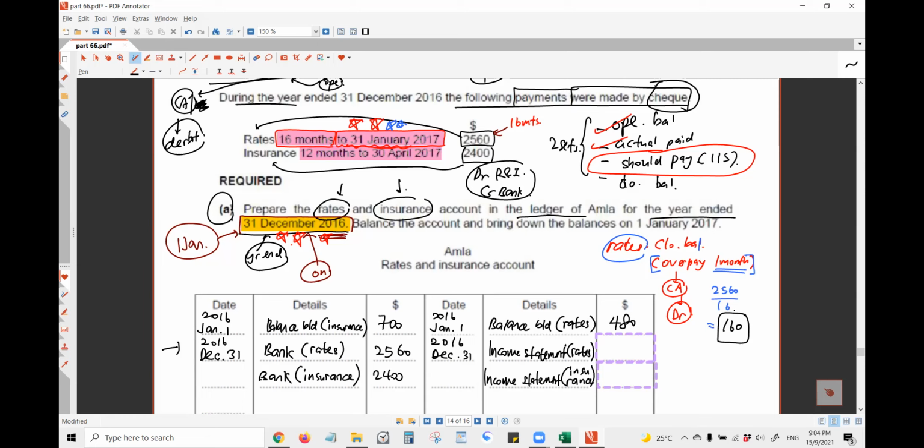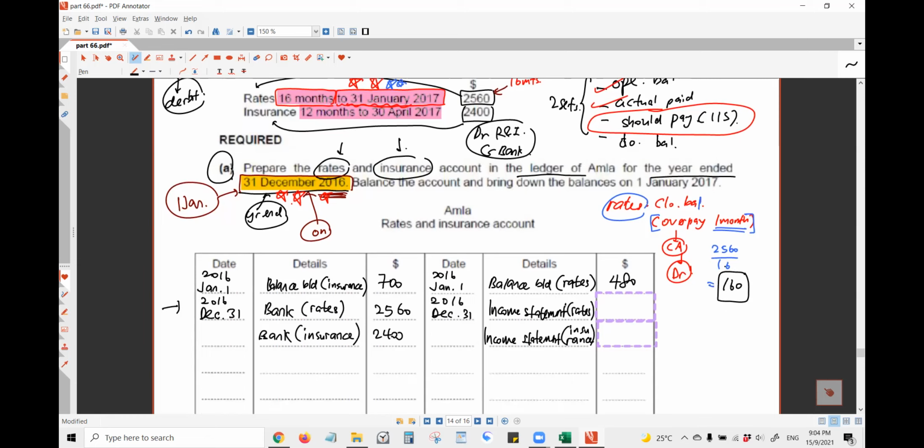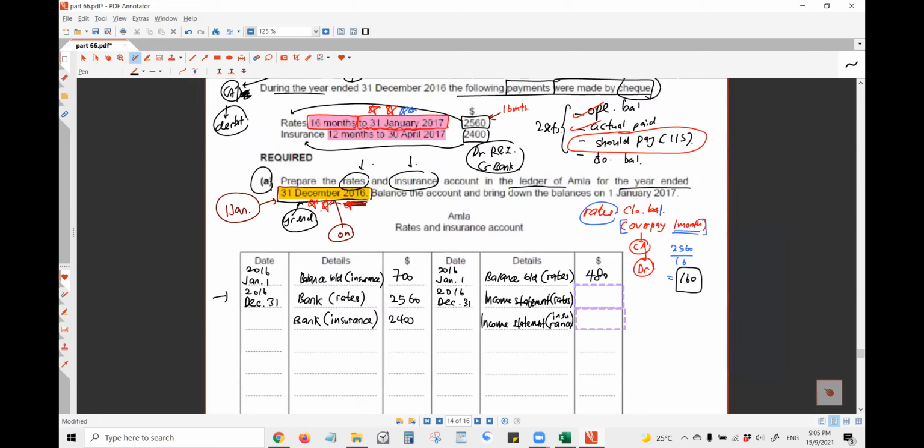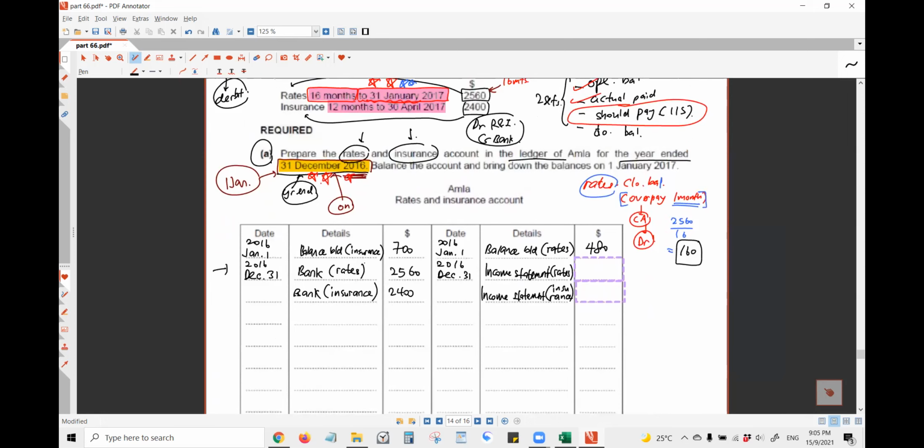Okay, let's record this. Debit side, right? This is closing balance. Write the balance PD first. In bracket, write rates.